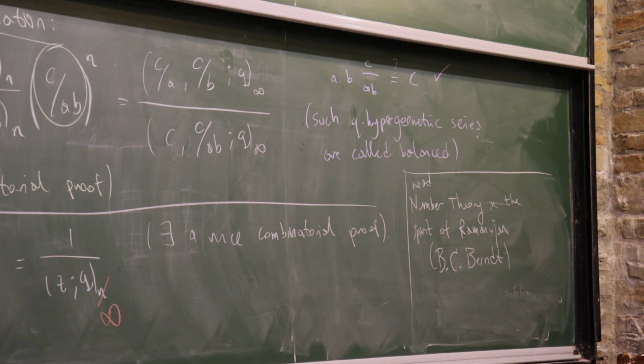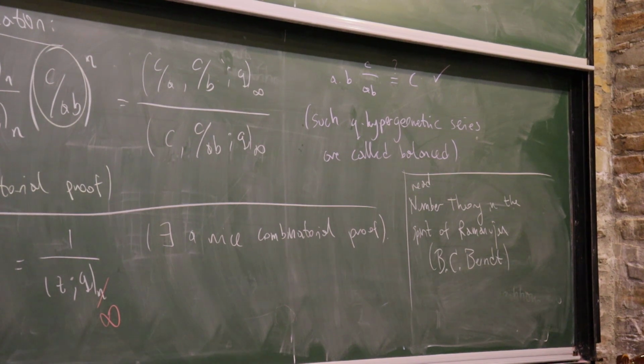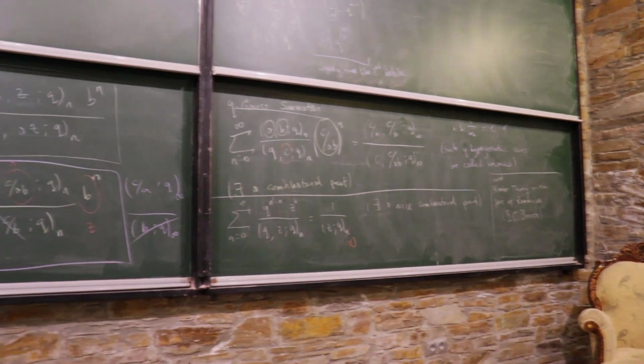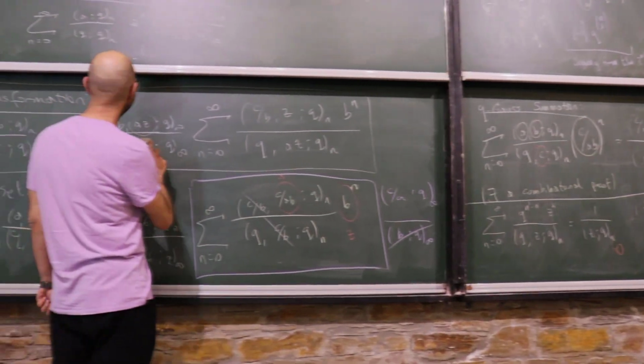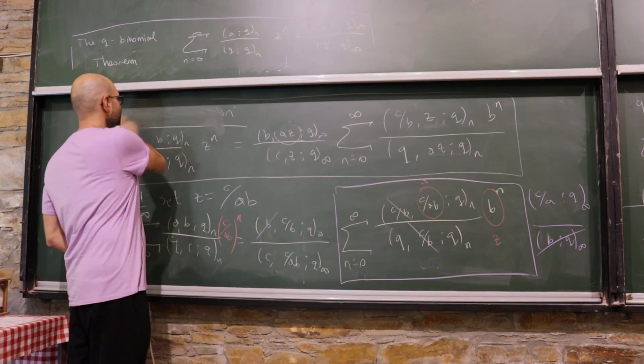I even had the Indian special edition, that special copy, but somebody ran away with it. I won't name the guy, but if I see him, I'll ask for it back. So, okay, I'm not going to keep Heine's transformation on the board.